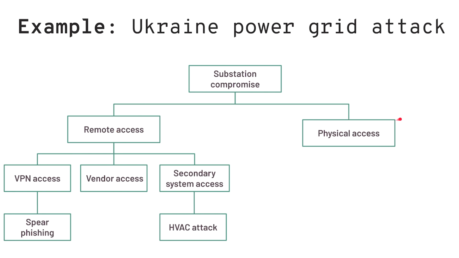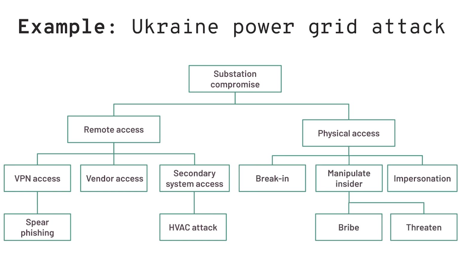On the physical access side, you have to find some way to physically enter the premises, and we can think of a few. You can break the lock at night when nobody's there and go through. May be difficult if there are fences, if there are security cameras, if there are security guards. It may be difficult to do, but maybe the substation is far away, is unmanned, and it may have a camera that you can easily disable.